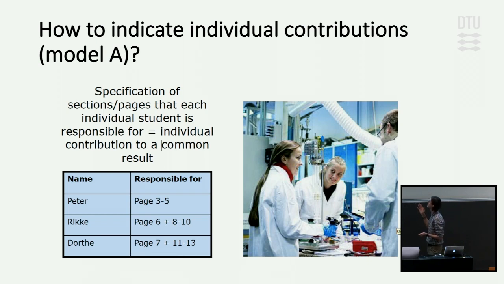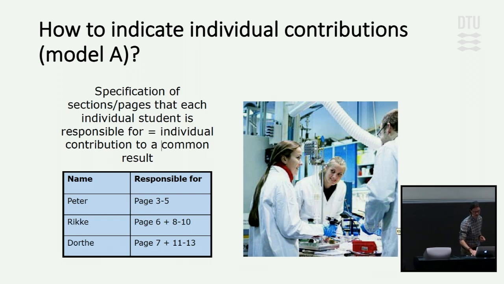You can see that you can say that Peter, Reike, and Dörte worked together on one project, so 3 people, but we want to know who worked on which part of the project. So you can say which pages were the ones that the individual person worked on. That's one way to present this part.